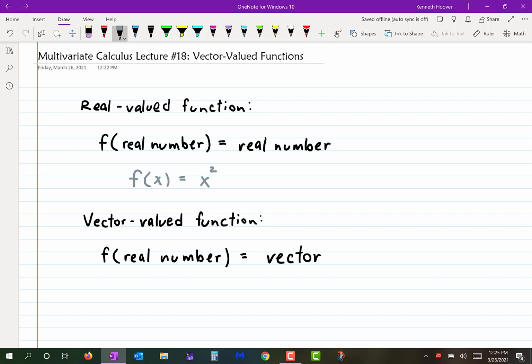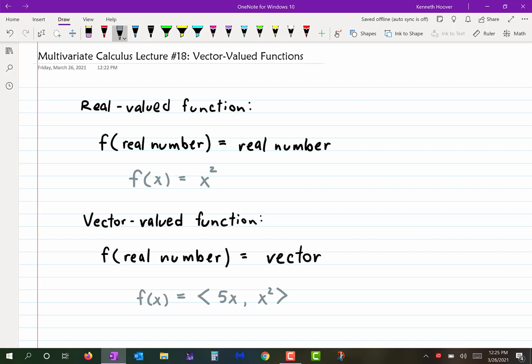So an example of that might be something like this. I can write f of x equals, and maybe you would get a vector like 5x comma x squared.